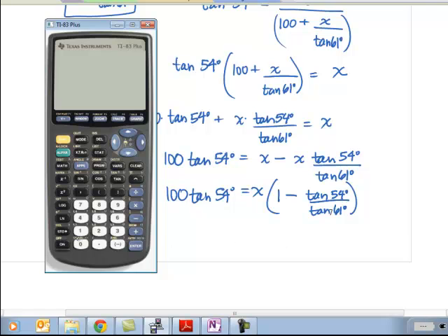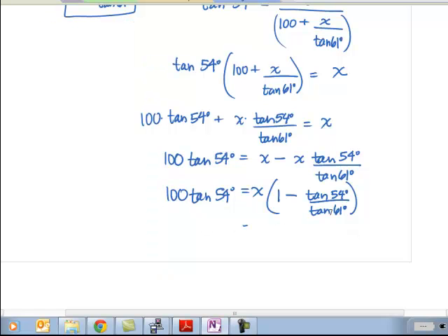So 1 minus tangent of 54 divided by tangent of 61. That's about 0.237. So we've got x is about 100 times tangent of 54 divided by 0.237.